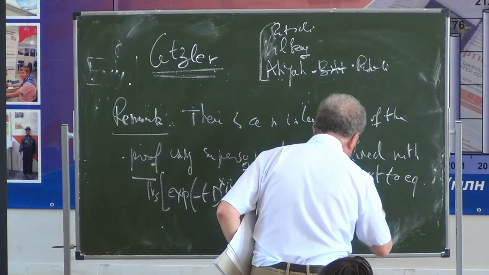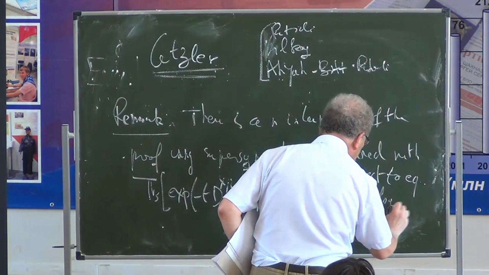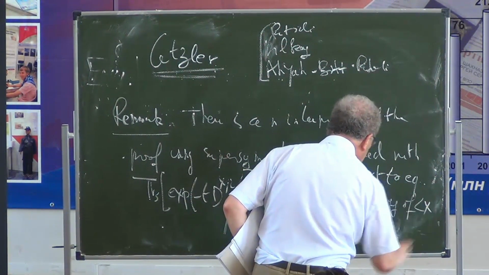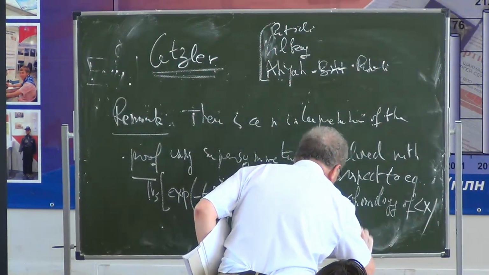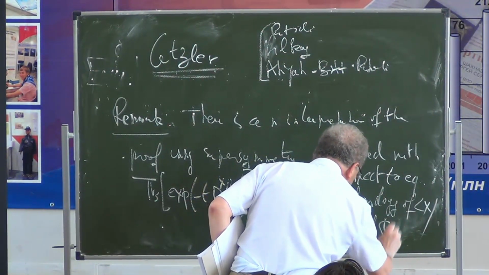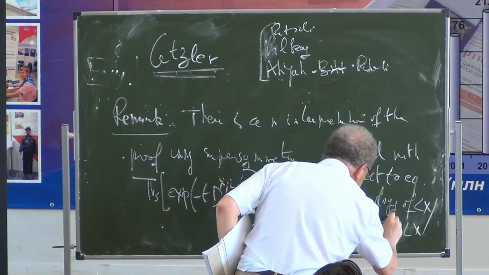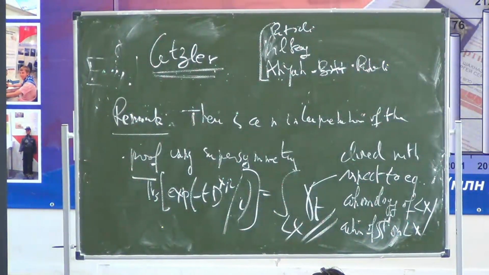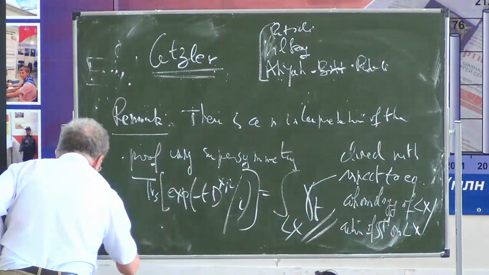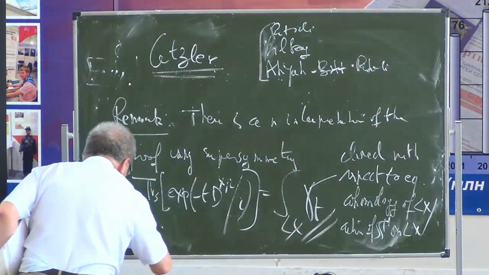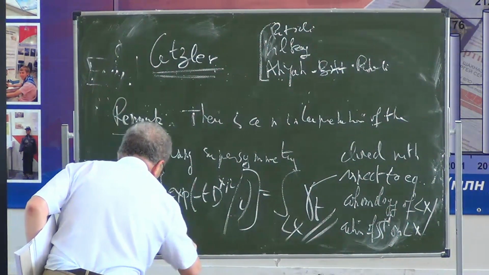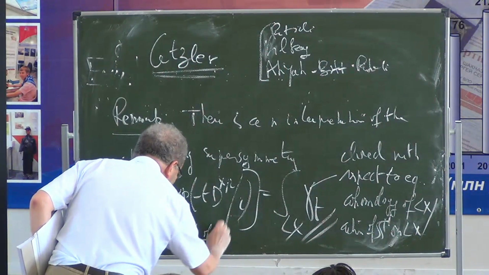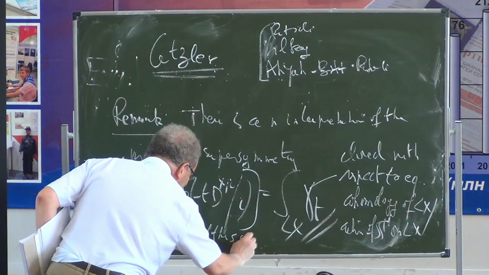For the equivariant cohomology of Lx with respect to the action of S1 on Lx, so the loop space of the manifold is acted upon by S1, and X appears in Lx as a fixed point set of this action.